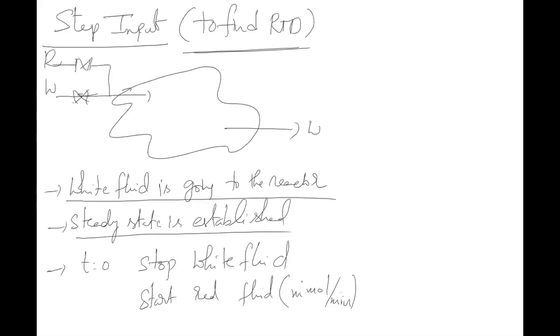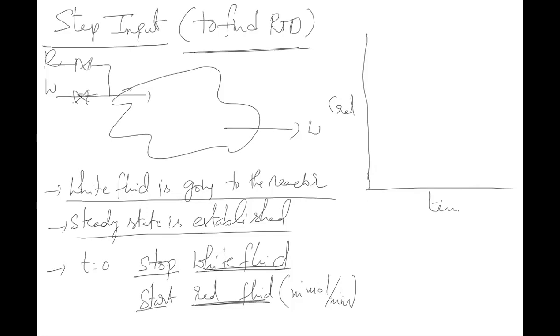In the step experiment, you are stopping the white fluid completely and starting the red fluid, and you plot the concentration of red fluid with respect to time. How does the graph look? Can you just plot it? Does it increase and reach a steady state, or does it increase and decrease?